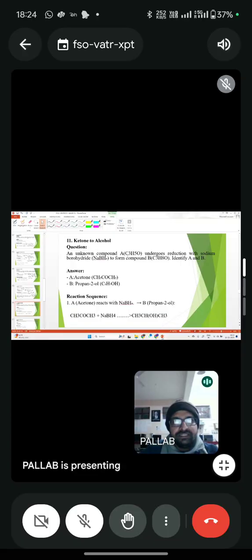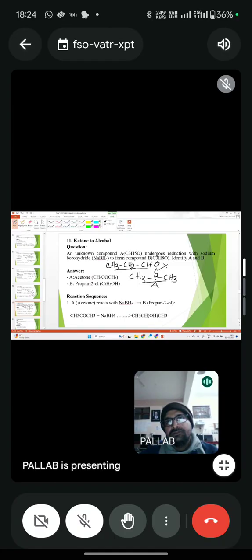The 3 carbon aldehyde is CH3 CH2 CHO. Okay, 3 carbon aldehyde is this. 1 2 3 carbon. Hydrogen number is 6, so this compound is not aldehyde. So the 3 carbon ketone is this. So this compound is nothing but ketone.